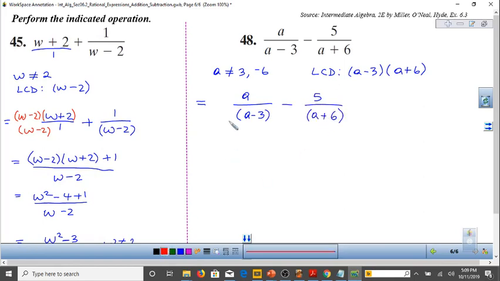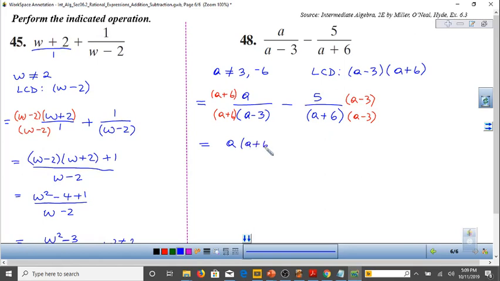So I'm going to multiply this first expression by a plus 6. A plus 6. And this expression I will multiply by a minus 3, numerator and denominator. Effectively, we're multiplying by 1, because if you multiply by a number divided by itself, that's effectively multiplying by 1.